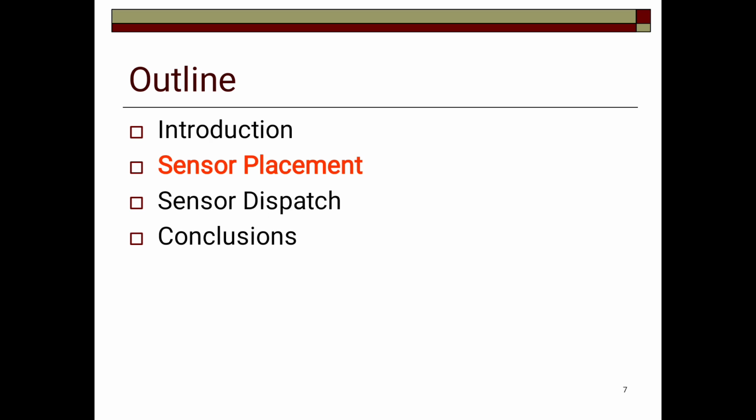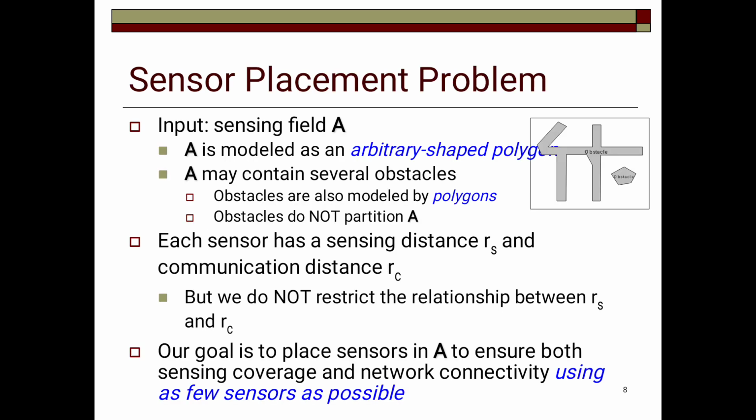Then sensor placement. The sensing field A is modeled as an arbitrary shaped polygon. For example, that square is a sensing field. There are many sensors within it.